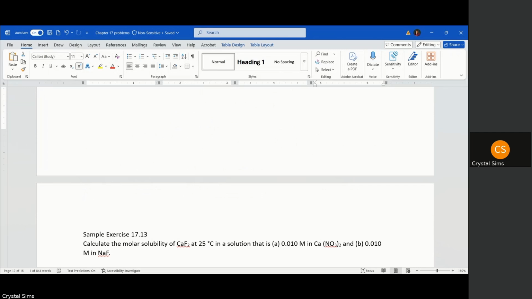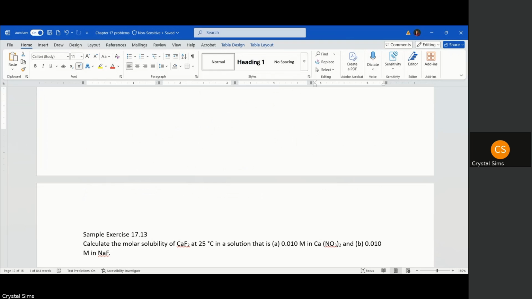In A here, the common ion would be the calcium, and then in part B, the common ion is going to be the fluoride. Our nitrate and our sodium are going to be the spectator ions. Because the slightly soluble compound that we're dealing with here is calcium fluoride, we'll use KSP, which we know from our previous few problems is 3.9 times 10 to the negative 11.